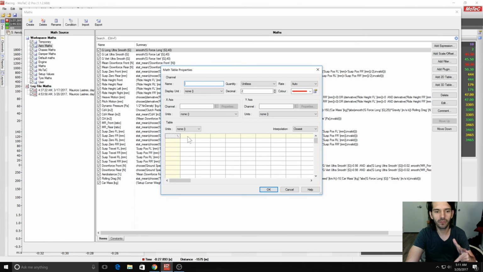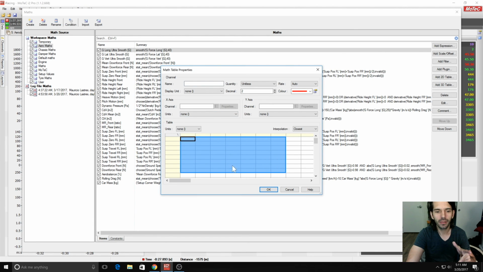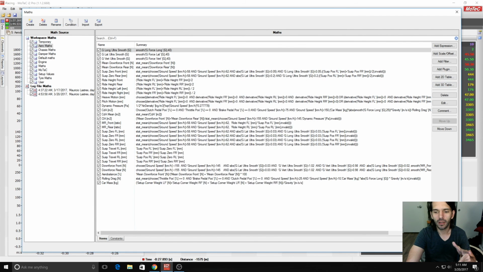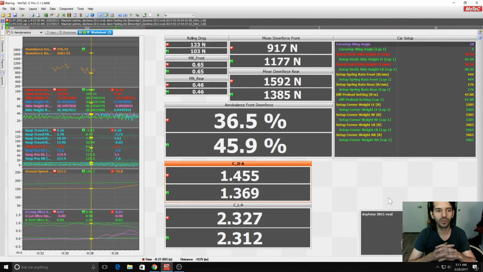So we're going to fill in values for ride heights here, dynamic ride heights, and fill in what the aero percentage was, or the coefficient of drag and the coefficient of lift, and then we'll create a map of these values that will tell us where our downforce is relative to our ride height, which is actually the more critical thing.